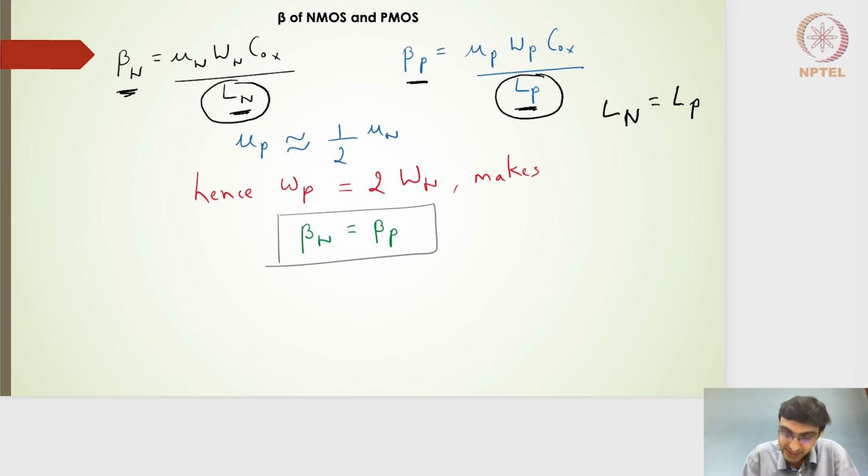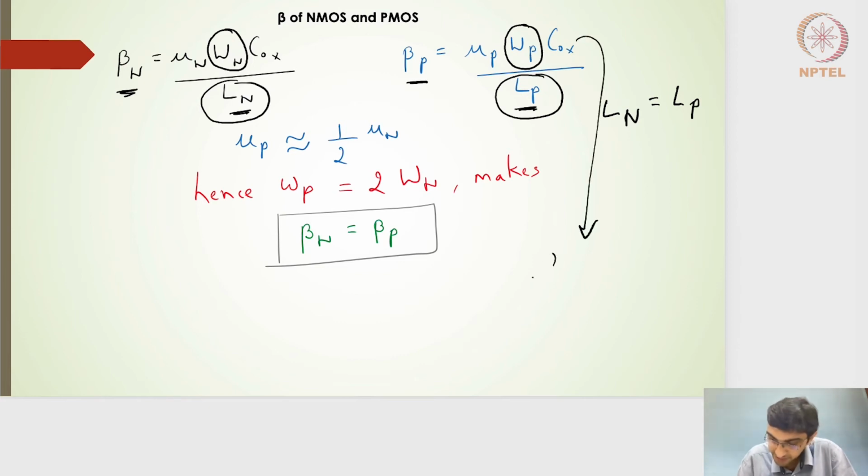What we can change is the W, the width of the transistors of the PMOS and NMOS. C oxide again is a constant. If you remember, C oxide for both NMOS and PMOS is nothing but epsilon naught times K of oxide, which is 3.9, divided by T oxide.